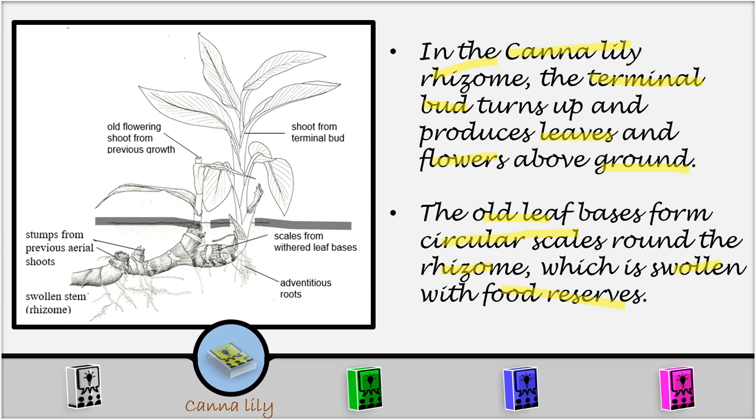The old leaves form what we are calling circular scales. These ones that we are seeing here, those are circular scales. And those ones were left over by the old leaf, which dried out, and it remained as a scale, a circular scale.